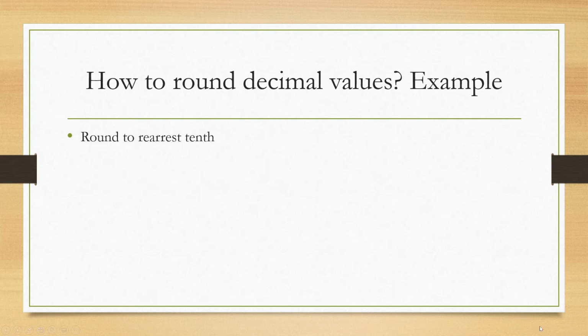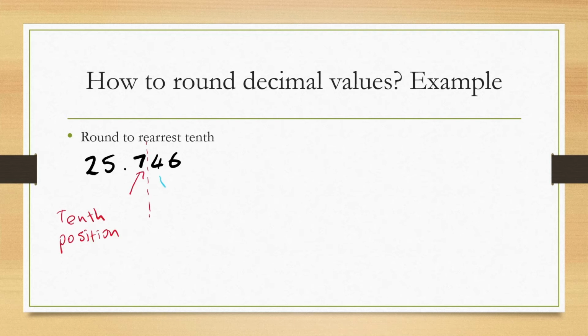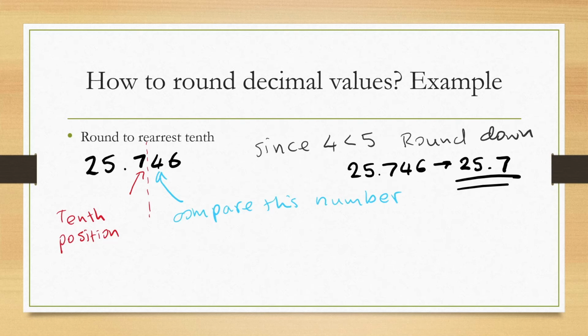So how to round decimal values? This is an example. Round to the nearest tenth. I have chosen 25.746. Here, the tenth is the first decimal place. I split this number down the middle because it's easier to see.